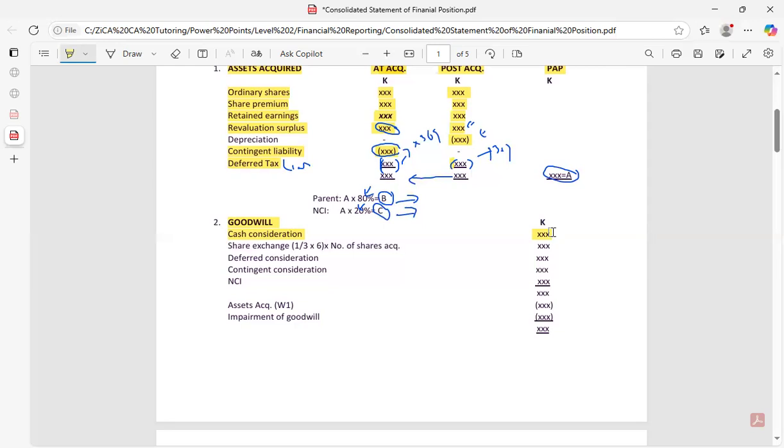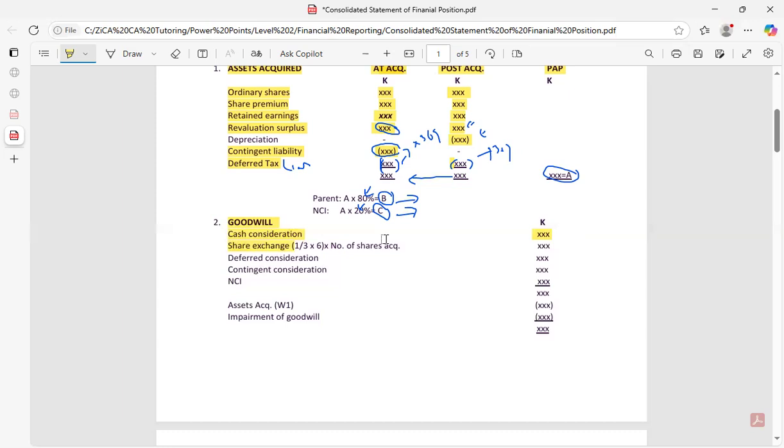But there are sometimes where we need to find what's called the share exchange. So instead of paying cash, this company decides to pay in the form of shares. So let's say maybe one share for every 3 shares in the parent company. That's the ratio that we have here.